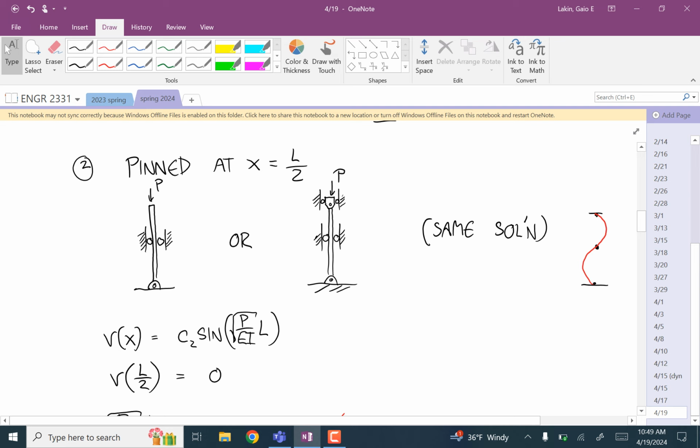If you have a pin here and here, and it's not equal intervals, then you have to do the whole thing at all of those. You have to use boundary conditions at all of those points because the nature of this beam wants to be a sinusoidal function. This beam doesn't want to have a quick thing here and then a long thing here, that's just the nature of the elastic beam.